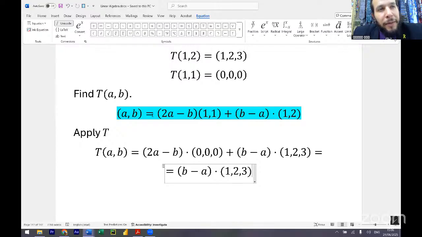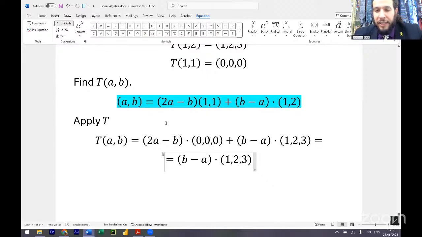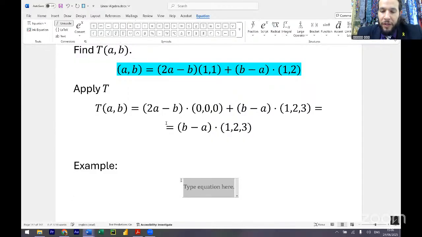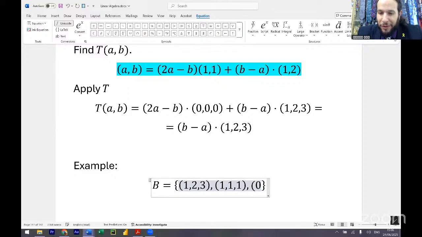Okay. I'm thinking where to go on with it, whether to show more examples. I'll show another example, at least one. Say your basis is (1, 2, 3), (1, 1, 1), (0, 1, minus 1).